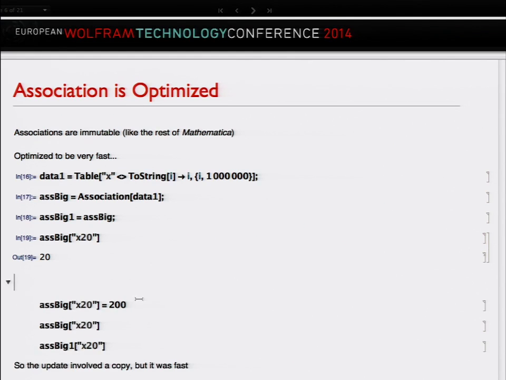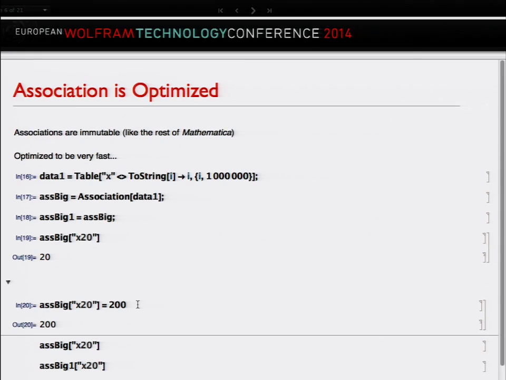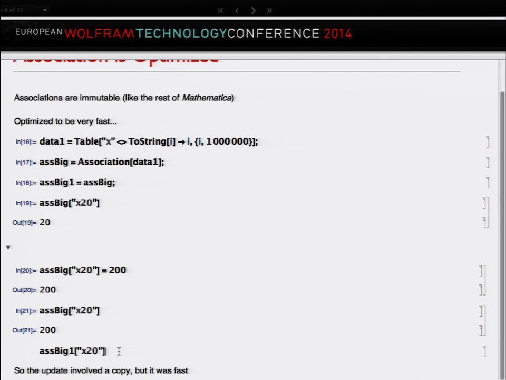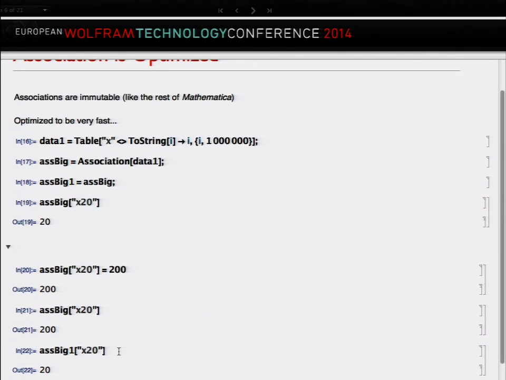Now, if I make a change to the association, so I change an element, then that element has changed, but the thing that I copied to has not changed. So this has made a copy of this very large data structure. It's not constant time, it's logarithmic, but it has a sort of tree structure. It's a clever algorithm that shares many common parts of the data structure that it knows haven't changed. So that means that it's immutable, which is a useful feature of the programming contract of Mathematica.